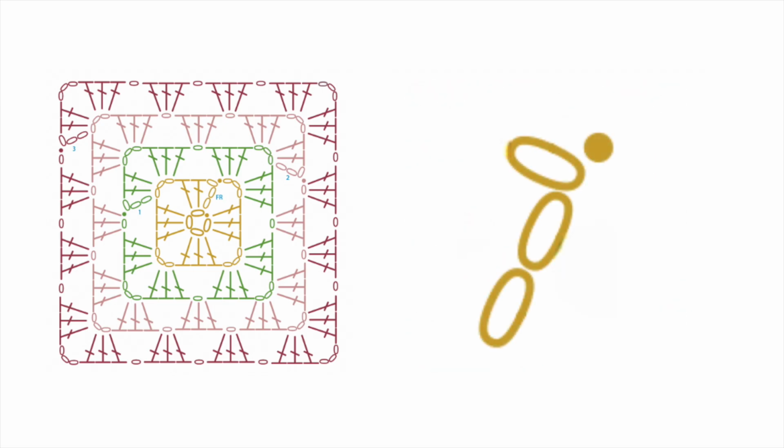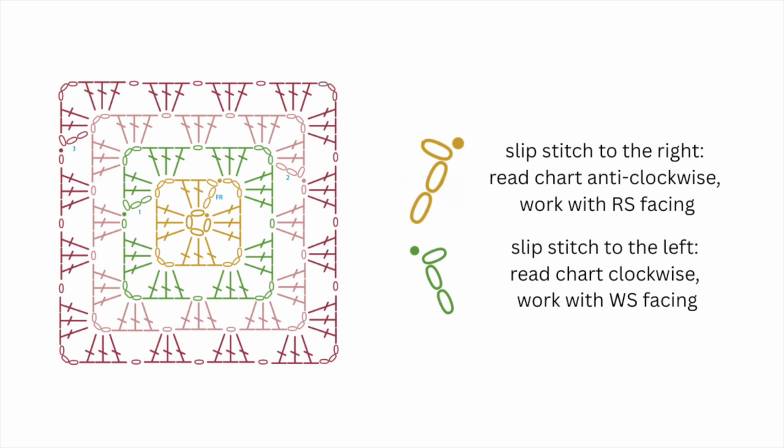We know about the starting and finishing point of each round, starting point being the starting chain and finishing point being a slip stitch. We know where the stitch points indicate where we're actually working those stitches, so whether we're working into, for example, the center ring or a corner chain space. We had a look at what it means with the positioning of the slip stitch, if it's to the right or the left, what that means in terms of which direction we read our chart and which side of the work we're looking at.